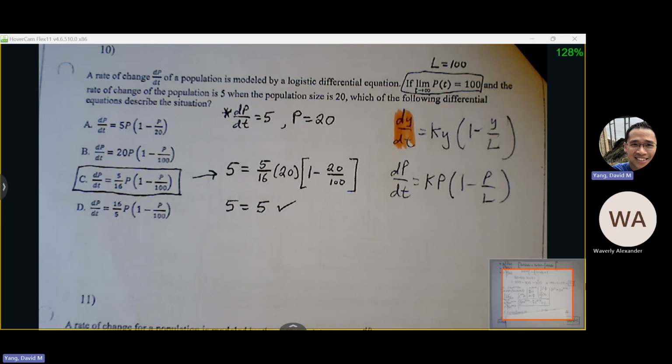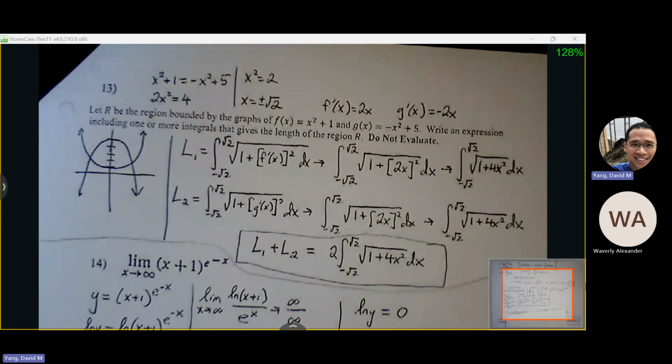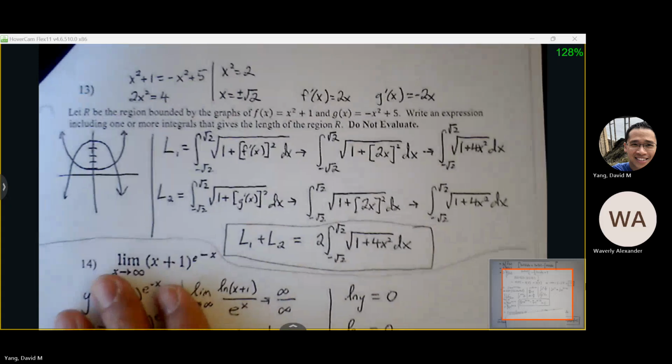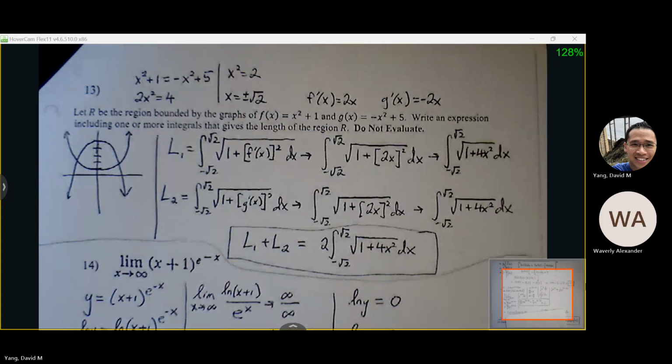Okay, and did you do 13? So for 13, we have two graphs, y equals x squared plus 1 and y equals negative x squared plus 5.